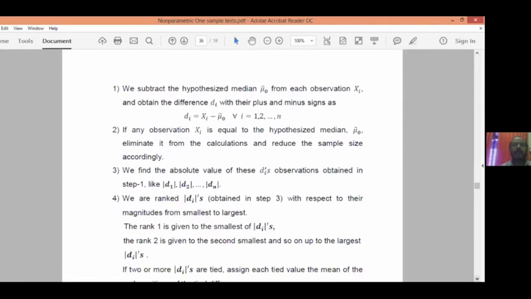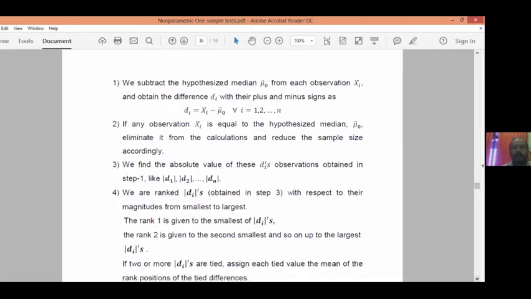Then we find the absolute value of these di's. Di is the difference between the observation and the hypothesized value. So you have to take the absolute value, that is, mathematically the modulus of d1, modulus of d2, up to modulus of dn, for each of the differences.